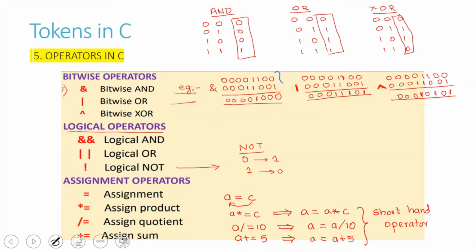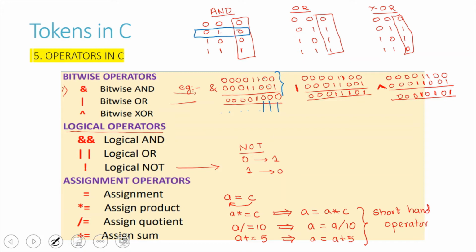For example, if you have two numbers like this, then 0 ANDed with 1 will give 0. Similarly, 0 ANDed with 0 will give 0, 1 ANDed with 0 will give 0, and so on. If you have 8 bits, you will have to do the bitwise operation on each bit and write the answer. Similarly for OR and XOR.